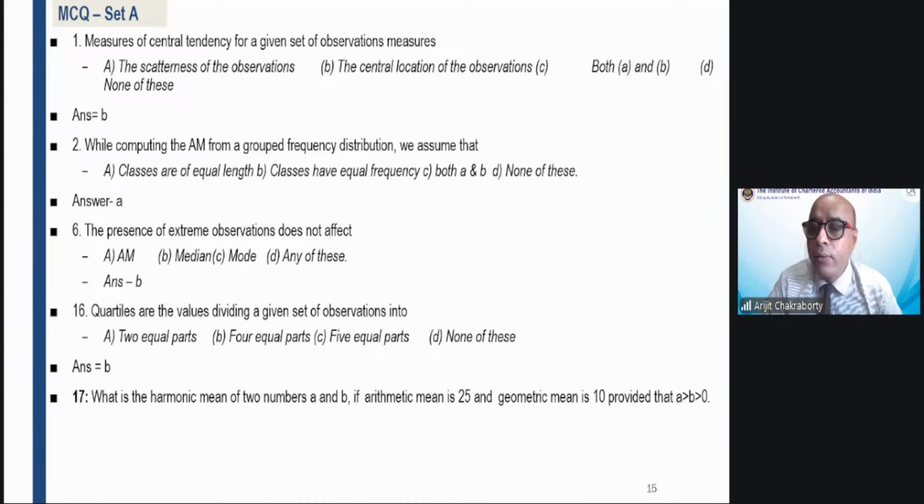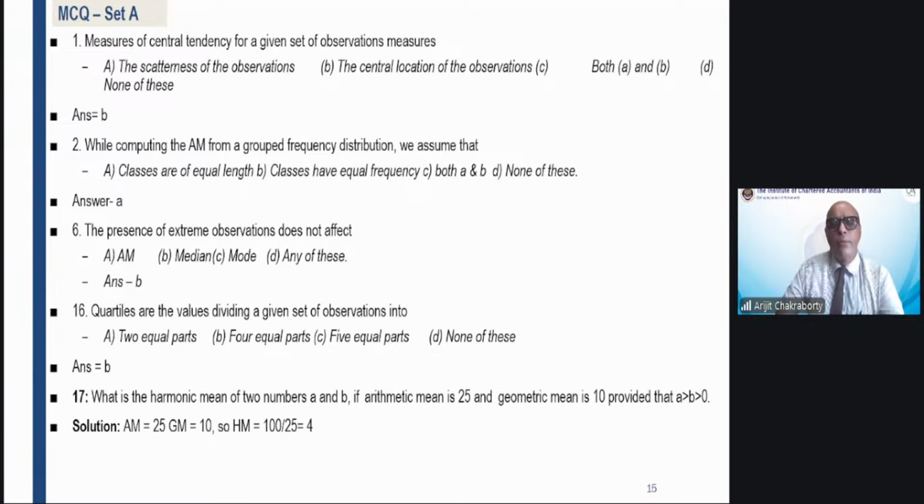Question number 17. What is the harmonic mean of two numbers A and B if the arithmetic mean is 25 and geometric mean is 10, provided A is greater than B and B is greater than 0? If B is greater than 0, obviously A is greater than 0 as well. This is directly based on the discussions we had today when we explained GM and HM.